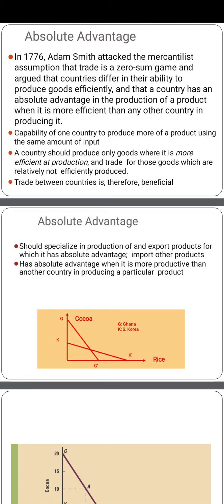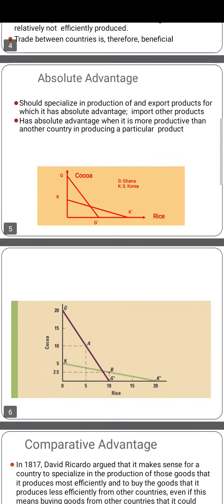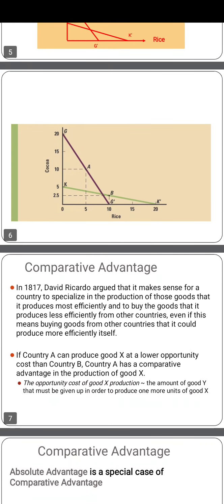So here you are seeing that the production of cocoa in Ghana is more than rice, and production of rice in South Korea is more than Ghana. So it is an absolute advantage for Ghana to produce cocoa and for South Korea to produce rice. So it is represented by that particular diagram.